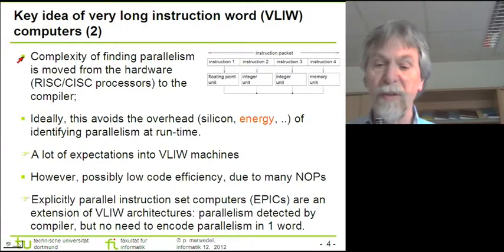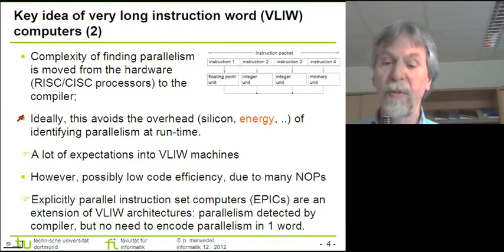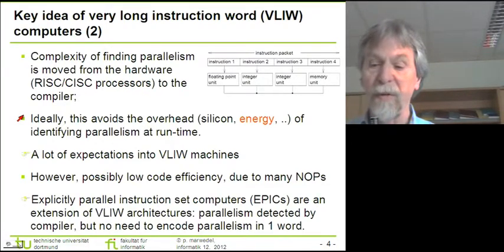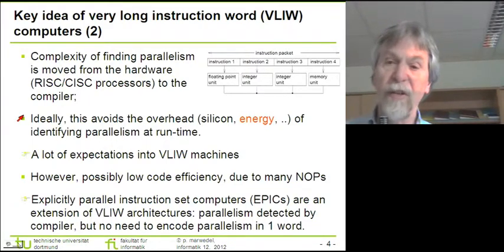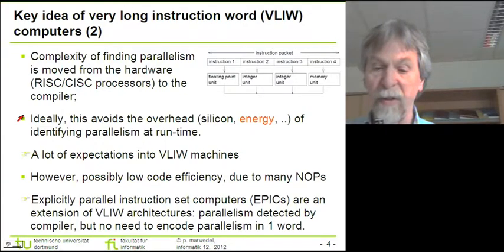So instead of doing that in hardware, like what is done usually in RISC and CISC processors, this is left to the compiler, and this means that usually we are avoiding some of the overhead which is associated with the detection of possible parallelism at runtime.